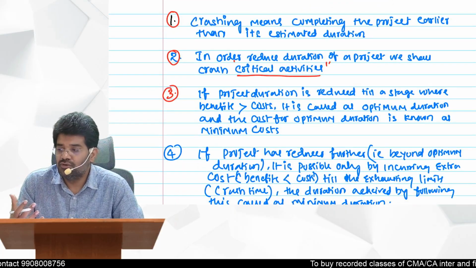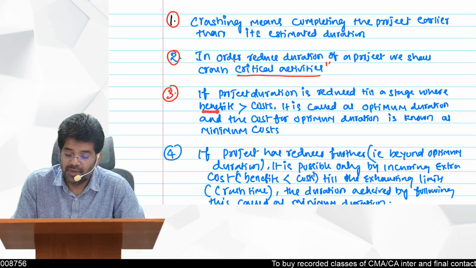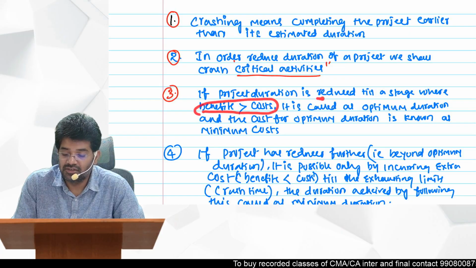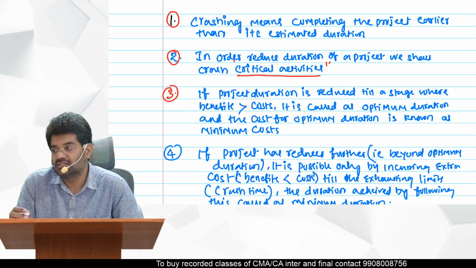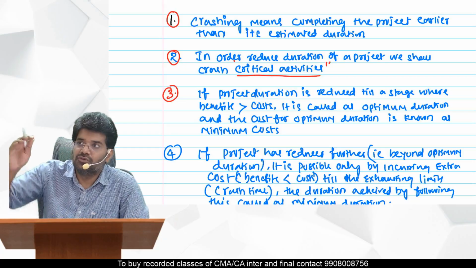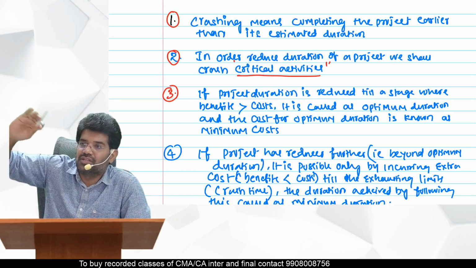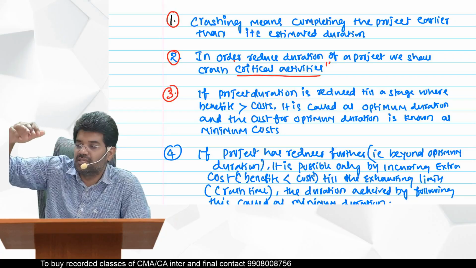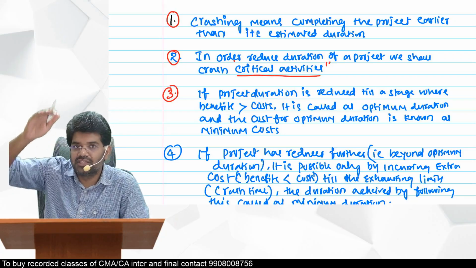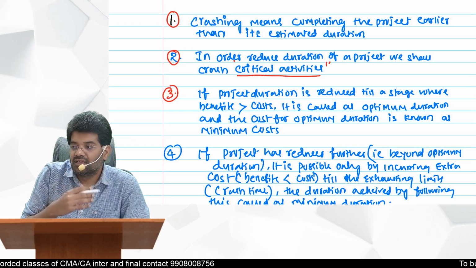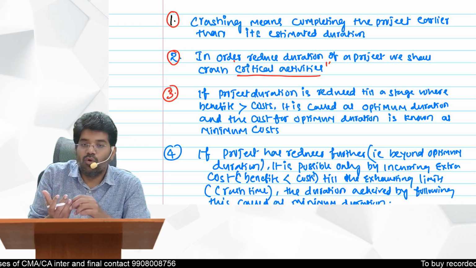As I told you, we reduce the project duration till a stage where benefits are greater than costs. So if you reduce to a point where your savings are more than the cost, what will be the savings if you reduce the time? One is overheads.